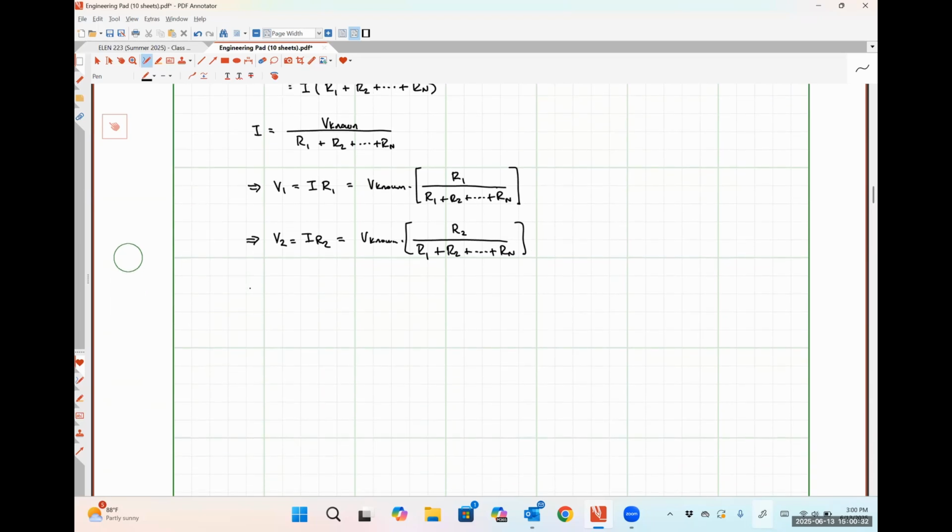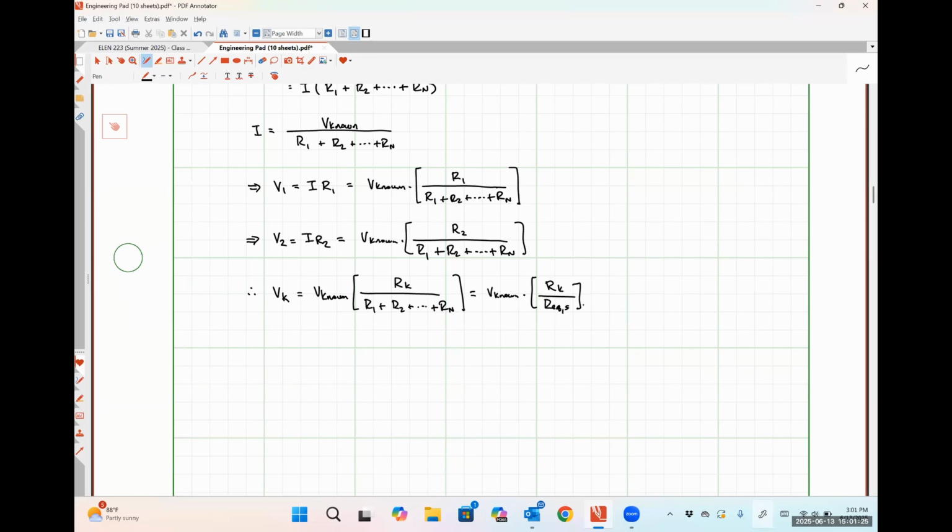So in general, the voltage drop across the kth resistor is simply going to be the known voltage multiplied by R sub k, the resistor we're interested in, divided by R1 plus R2 all the way out to R sub n, or in a more succinct form, our known voltage multiplied by the resistor that we're interested in divided by the equivalent series resistance seen by that known voltage.